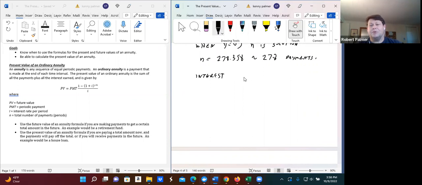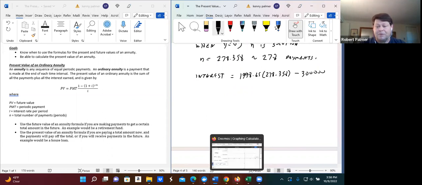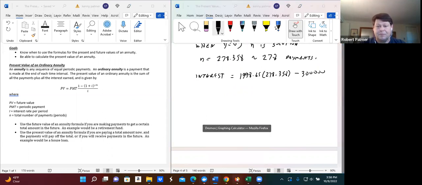Okay. So the interest is going to be the payment. First I'll calculate the total amount that's paid in, which is 1998.65 per month times 278.358. Let's go ahead and use that answer there. Then minus the 300,000. Let's use Desmos for that. Then that's going to tell us the amount of interest we paid, and that way we can find the amount of interest we've saved.